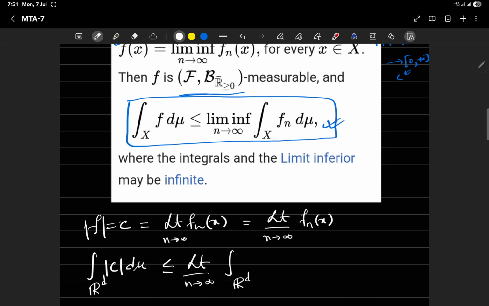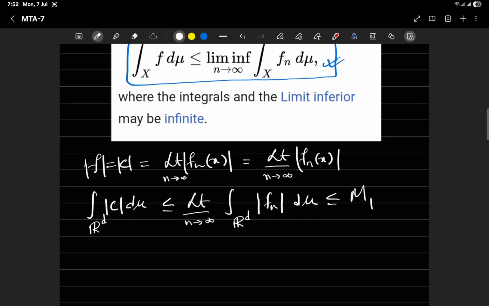We are taking the mod because we have to work with the mod. But that is less than or equal to m1 given in the question. They all are less than or equal to m1, so the limit infimum, in fact the limit, will be less than or equal to m1.